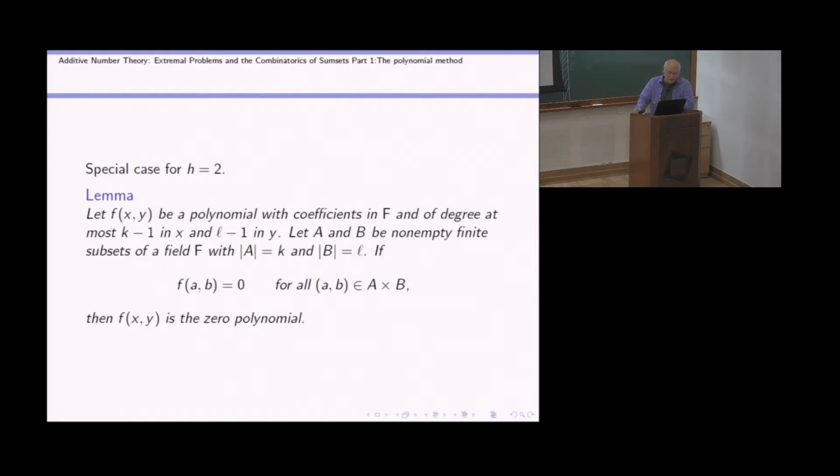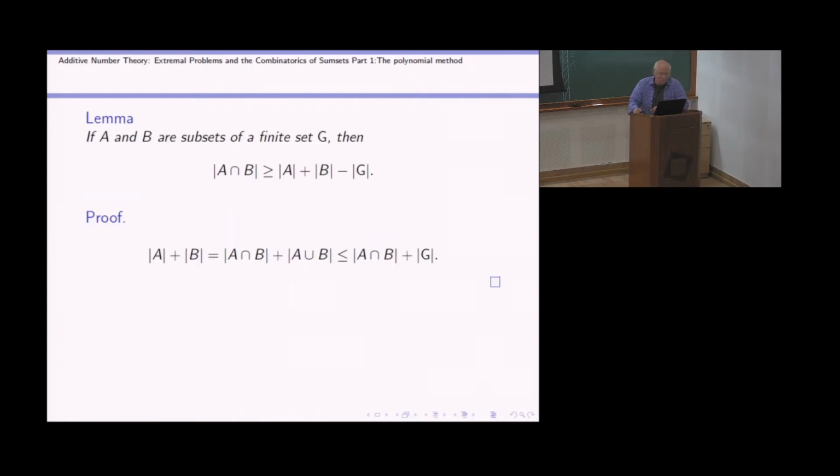So this lemma, in the special case of two variables, which is all I'm going to use, says the following. If f of x, y is a polynomial with coefficients in this field F, and of degree at most k minus 1 in x and l minus 1 in y, and you take subsets of the field, A with k elements and B with l elements, if f of a, b is 0 for all a, b in this product, then you have the zero polynomial.